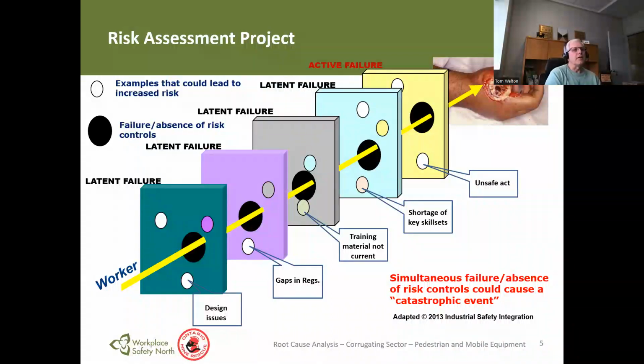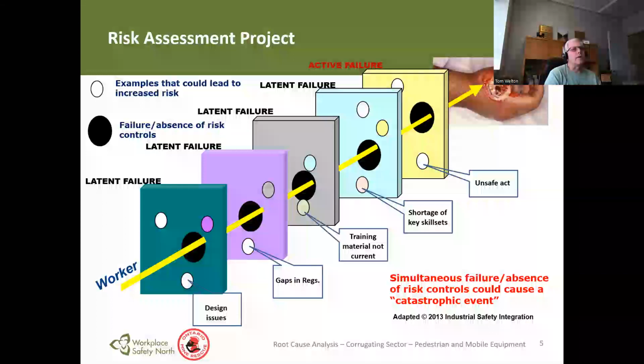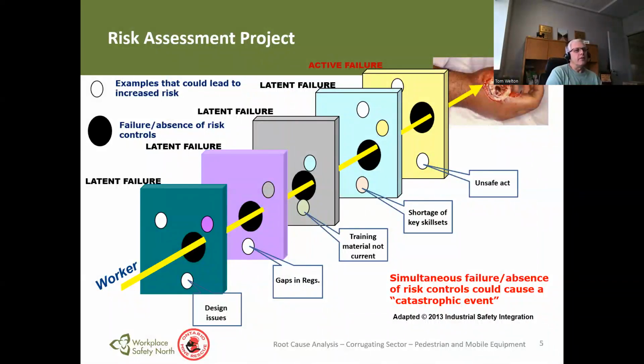Some of the other areas of concern can include gaps in regulations, training material that may not be current, and based on that outdated nature may cause potential issues, shortage of key skill sets for individuals operating, or unsafe acts that may occur in the workplace. In addition, the darker holes in the blocks represent failure or absence of risk controls.